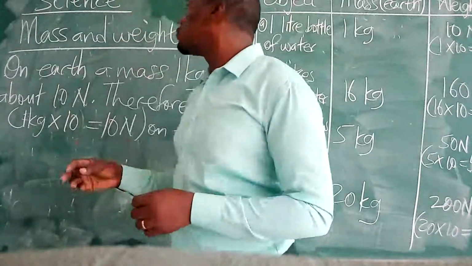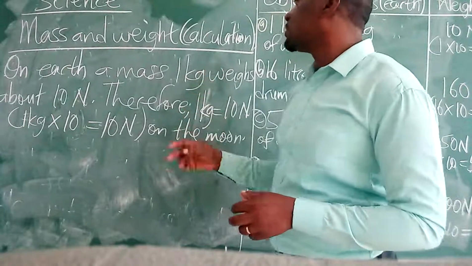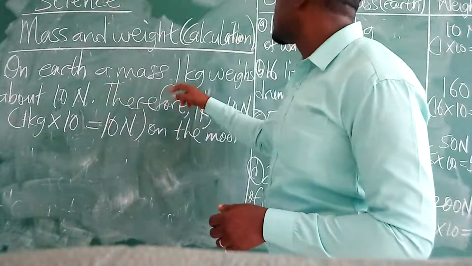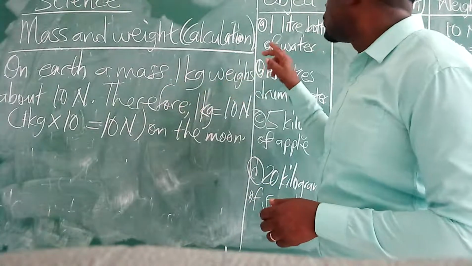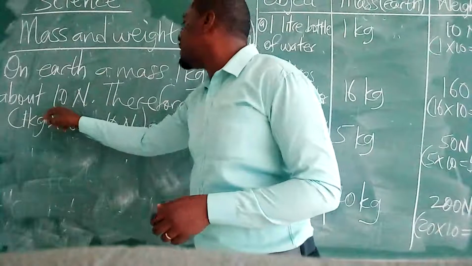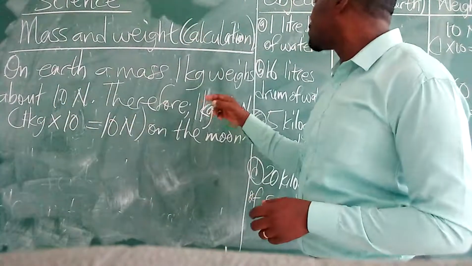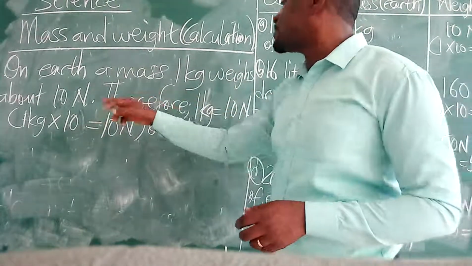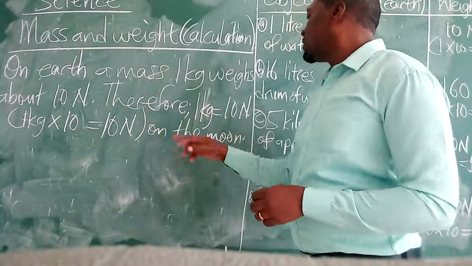Now, let's go back to our topic today, mass and weight calculation. On Earth, a mass of 1 kilogram weighs about 10 Newton on the moon.